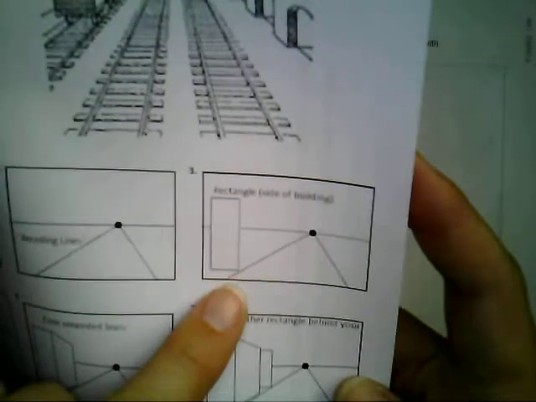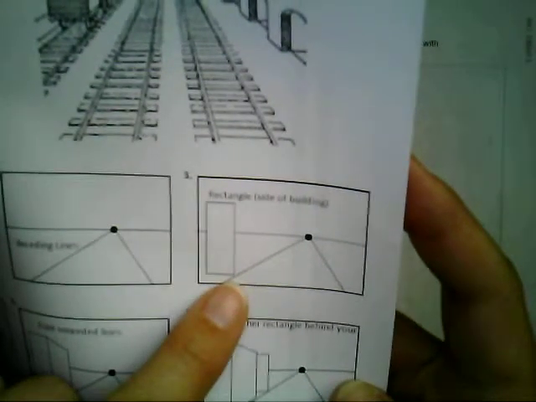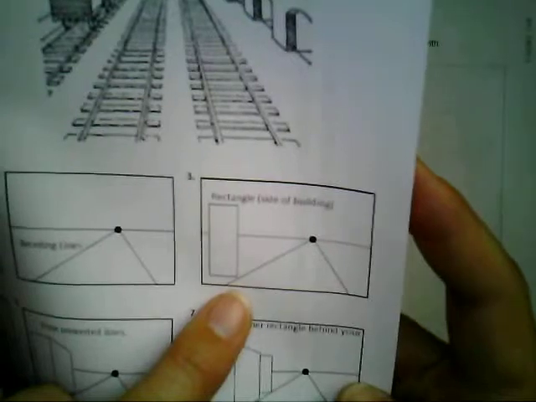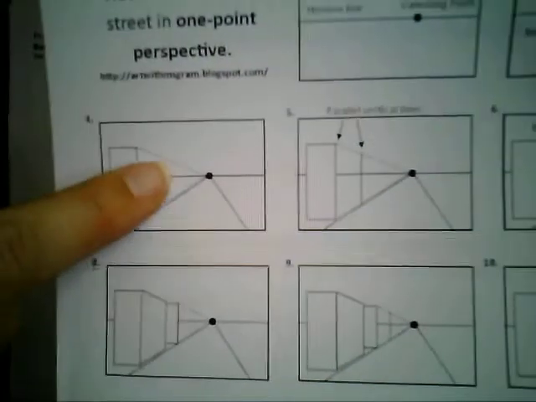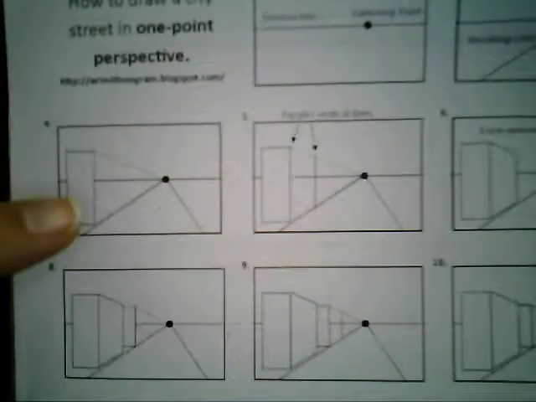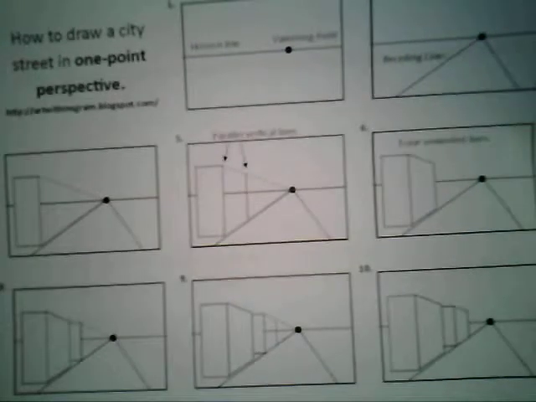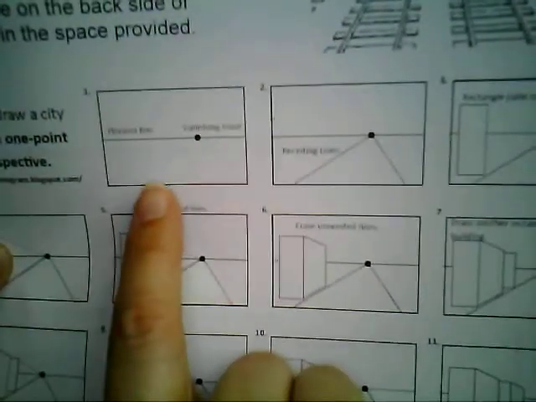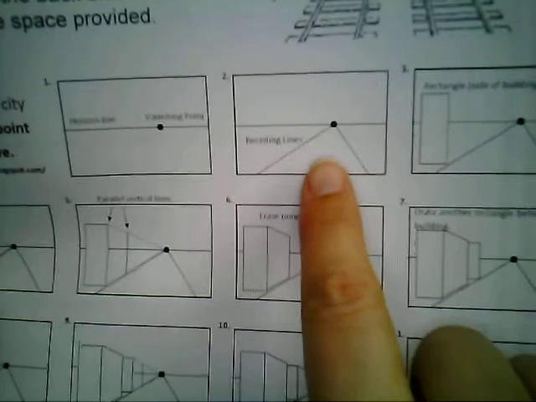We're going to draw it right on the corner of the receding line that we drew. From there, we're going to begin to draw the converging lines going to the vanishing point, and then we'll go from there. So this is going to be our first step right here. Do our horizon line, our vanishing point, and then receding lines.